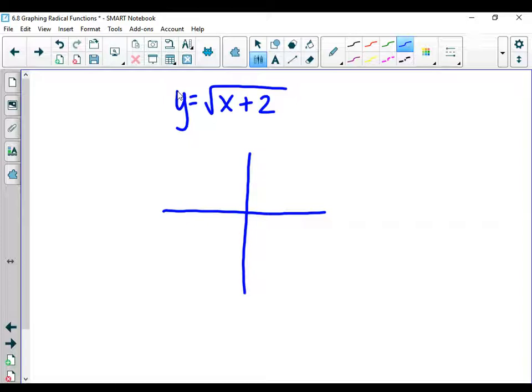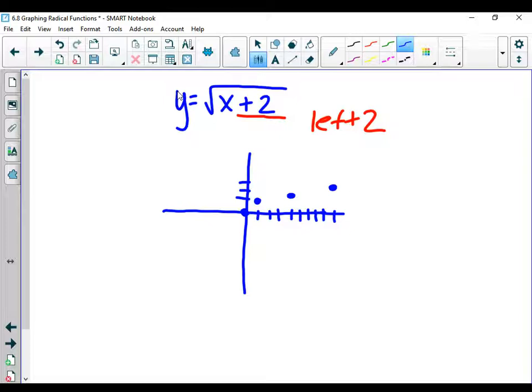What transformation is happening here? Left 2. Okay. So if I graph my parent function, 0, 0, 1, 1, 4, 2, 9, 3, and if I just do the dots like that, then it's simple.